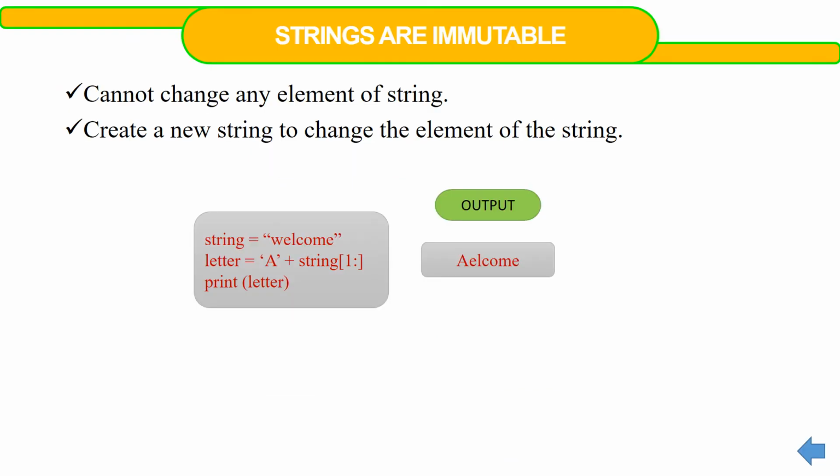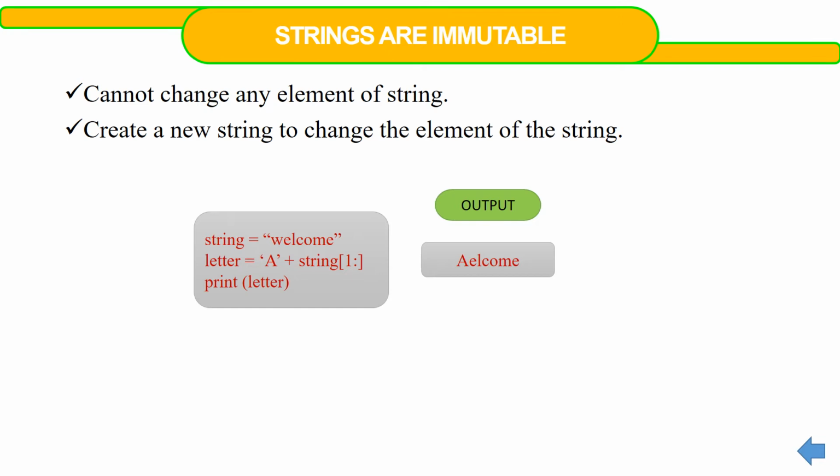Immutable in the sense here means we cannot change any element of the string. If we want to change an element of the string, we have to create a new string. Here is an example: string is equal to welcome, then letter is equal to what I did here, I am going to concatenate.